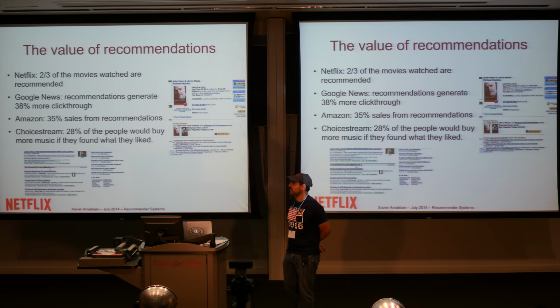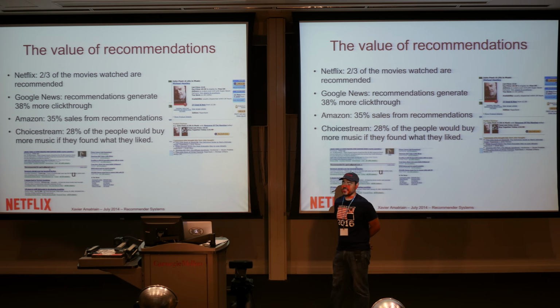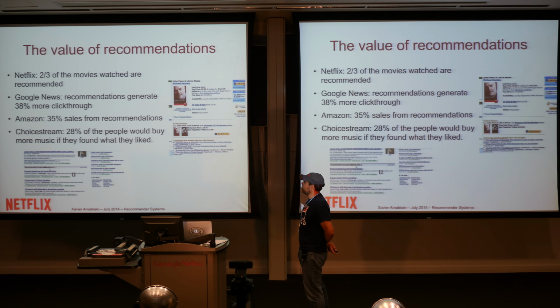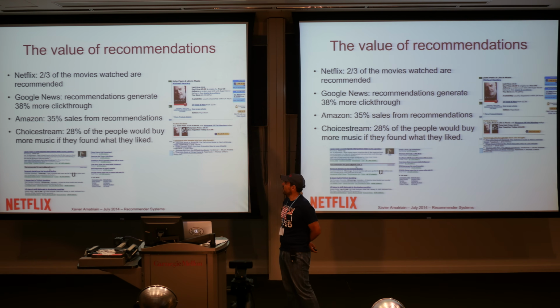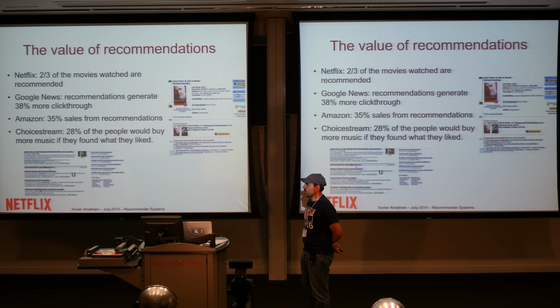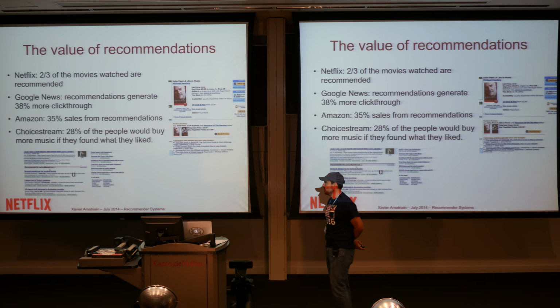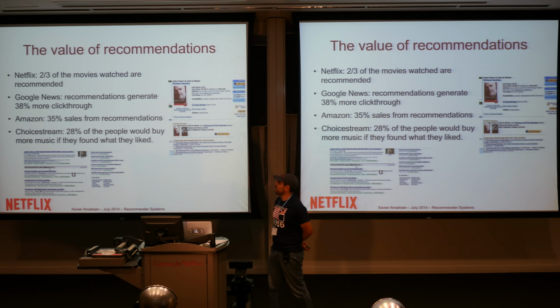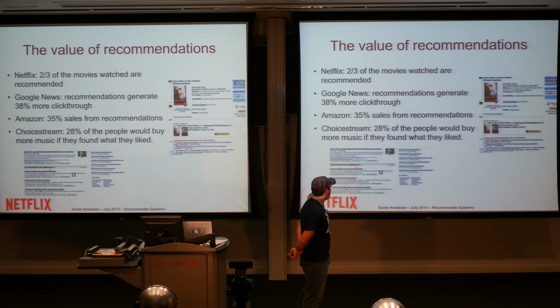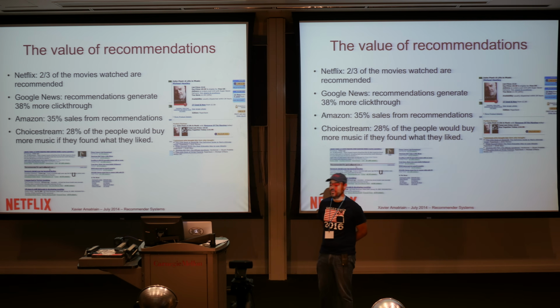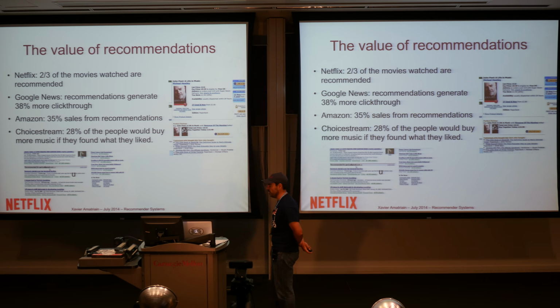I'll talk about that when I talk about the practical example of Netflix. In Google News, they published that when they introduced recommendations, they got 38% more click-through. Amazon, 35% of the sales come from recommendations. And ChoiceStream has a study where they found that people would buy 28% more of the music if they really found what they were looking for.